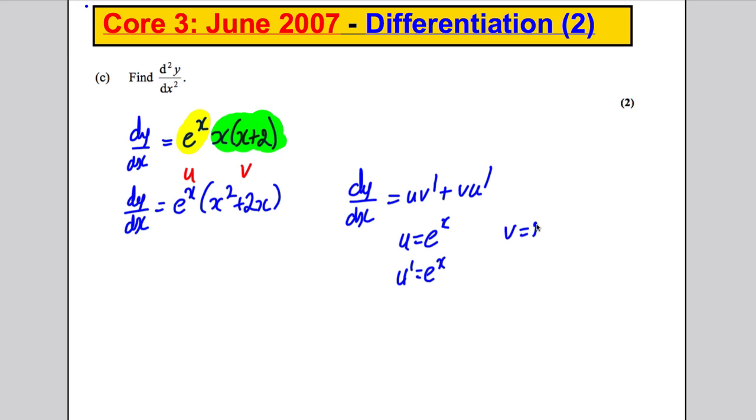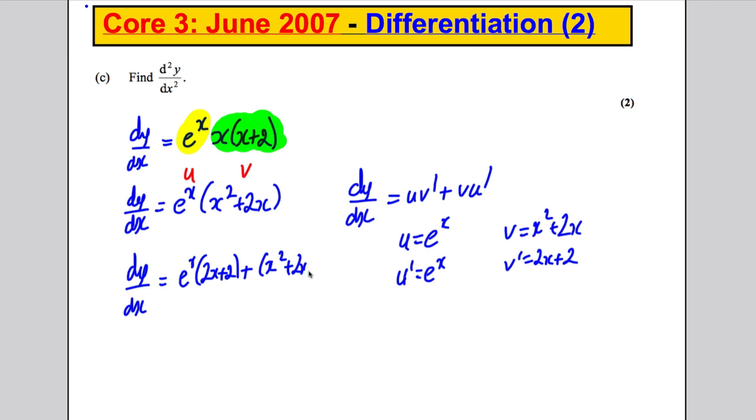Our v is x squared plus 2x, and our v dash is 2x plus 2. Okay, now substitution. dy by dx is therefore uv dash, so e to the x, 2x plus 2, plus vu dash, so x squared plus 2x e to the x.